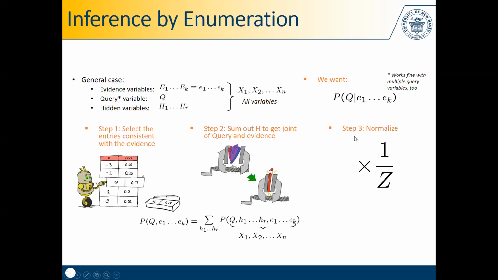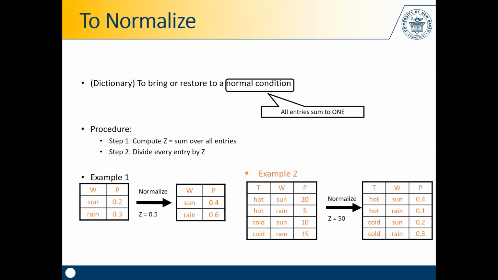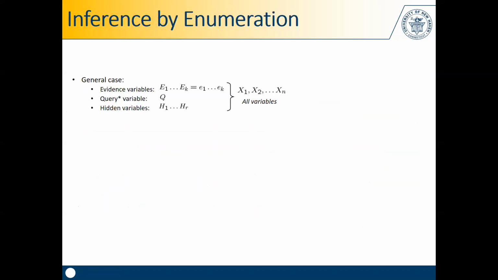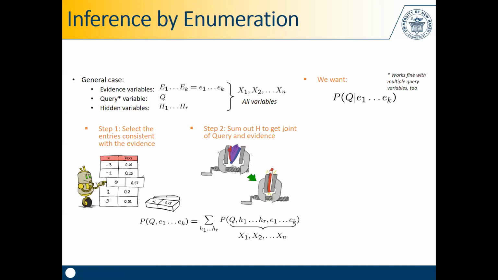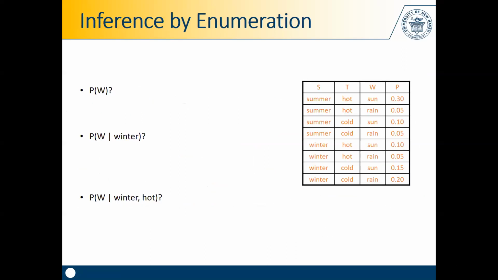So far, step 3 and step 1 are exactly the same as what we did for finding conditional probability distributions from joint probability distributions. That's just a normalization technique. Now, let's talk about what's happening at step 2.